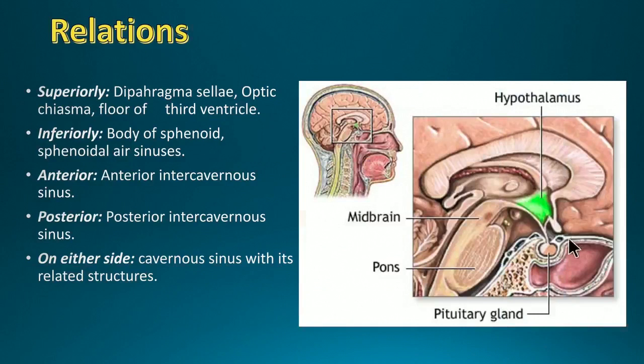So here you are able to see the pituitary gland, and the downward extension, the pituitary stalk. That is your tuber cinereum, and this will be your mammillary body. All these form the floor of the third ventricle. The third ventricle is only a single midline structure, not present on either side.